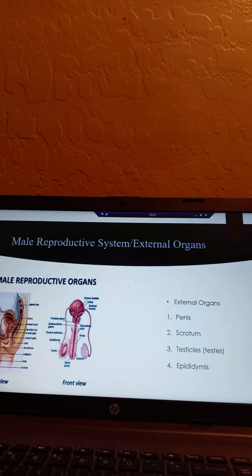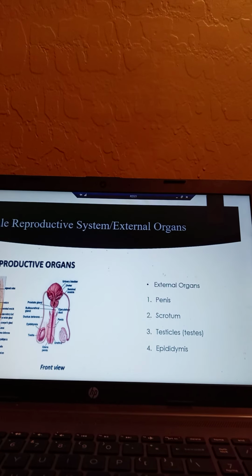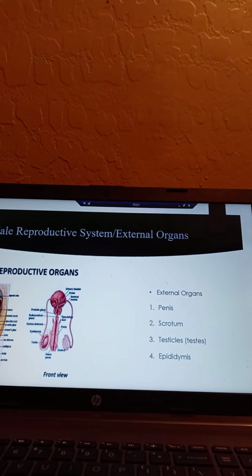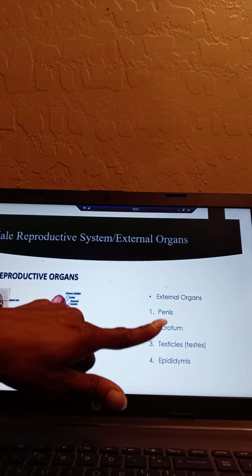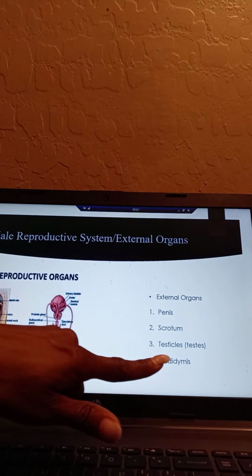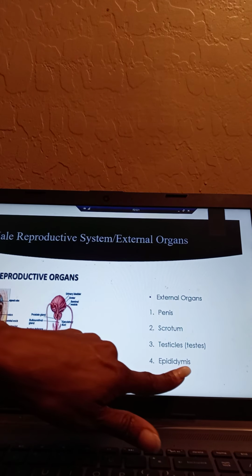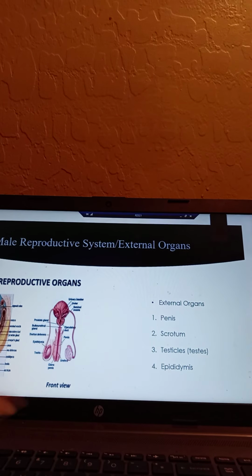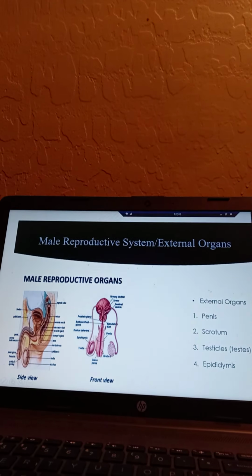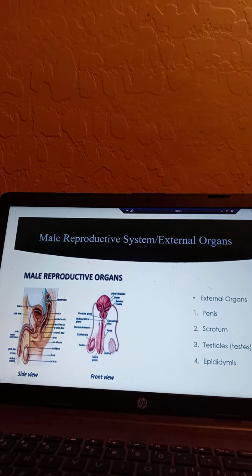This is the internal organs. I broke it down into the penis, the scrotum, the testicles, which are the testes, and the epididymis. I have the side view and the front view pictures that can give you an example of what that might look like. Okay, and for the 12th slide, I'm going to read here about the penis.